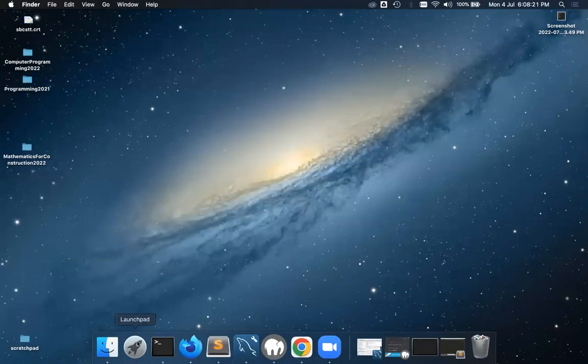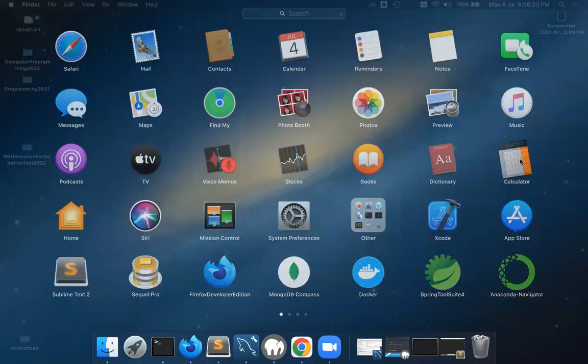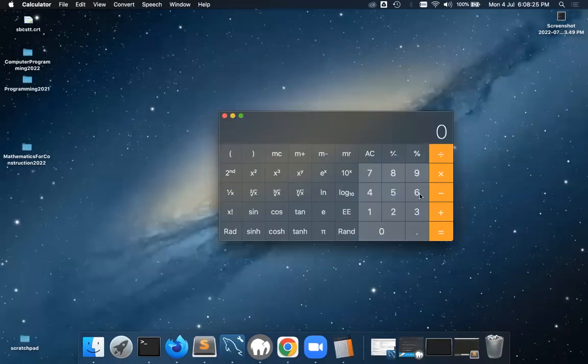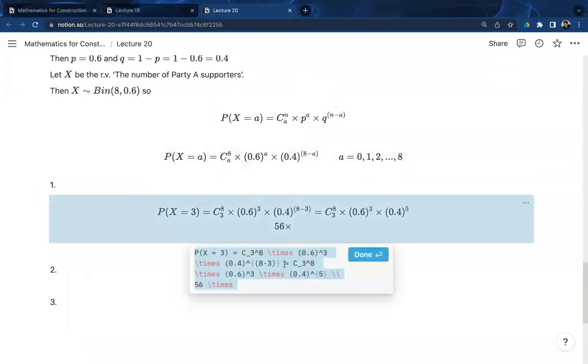Could work that out here. Six cubed is 216. So 0.6 cubed is 0.216, right?